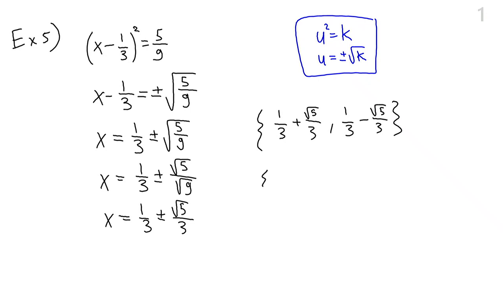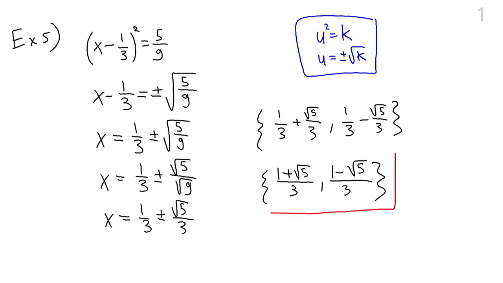I can also record my solution set as 1 plus radical 5 over 3 and 1 minus radical 5 over 3. Either of these is fine. I can either record my solution like this, or I can record my solution like this.